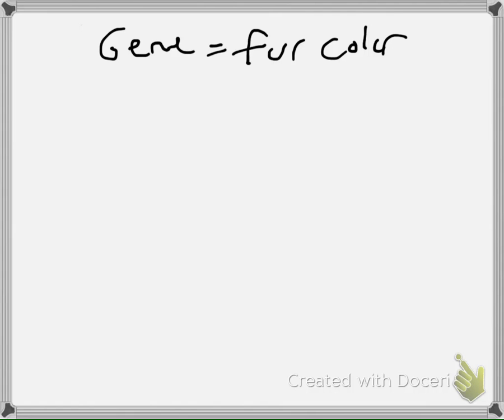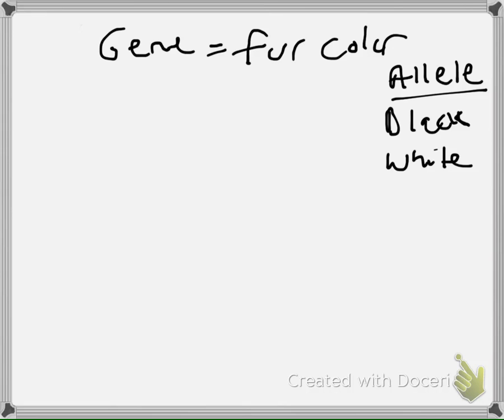Well, an allele is a different type of gene. So my alleles could be black, white, gray, brown, tan, and so on and so forth. There's a bunch of them.